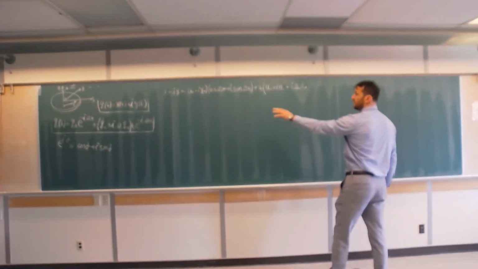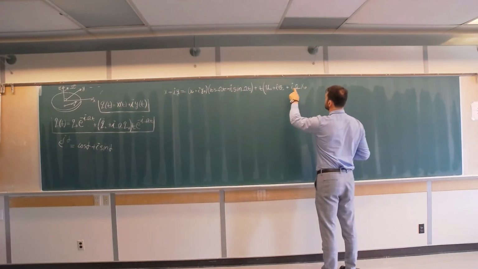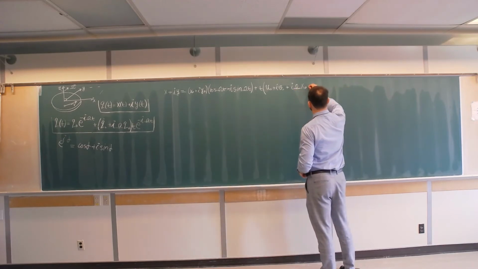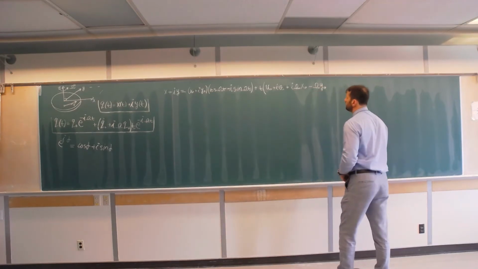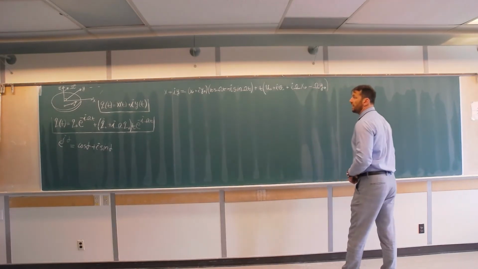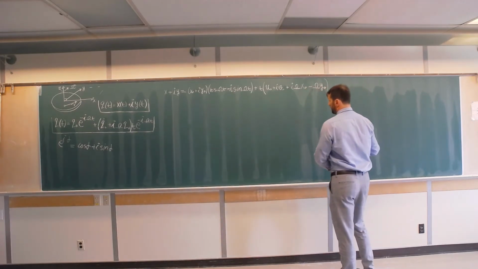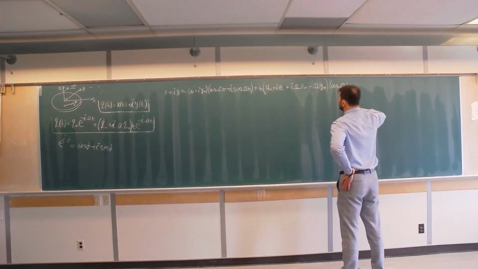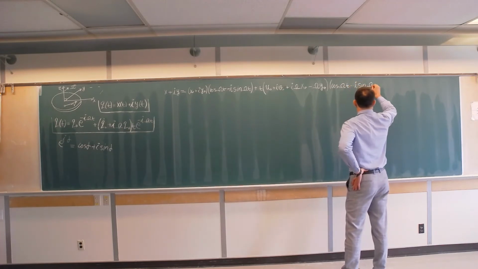So I will have i omega x0, but here I would also have plus i squared omega y0, but i squared is negative 1, so it would be minus omega y0, and all that multiplies now this exponential term, which I again write in this form: cosine omega t minus i sine omega t.